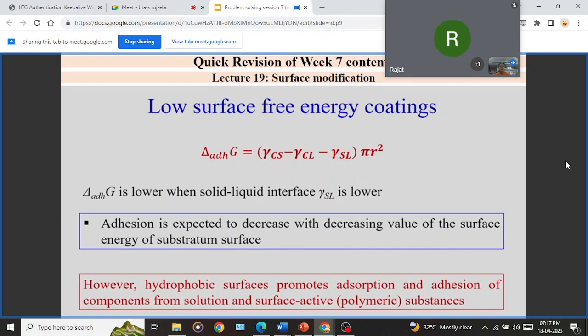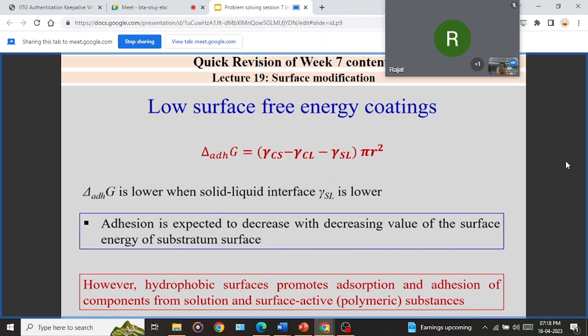What we want is for delta G to be zero or on the lower side, right? So the delta G should be lower, which will help in avoiding the adhesion.